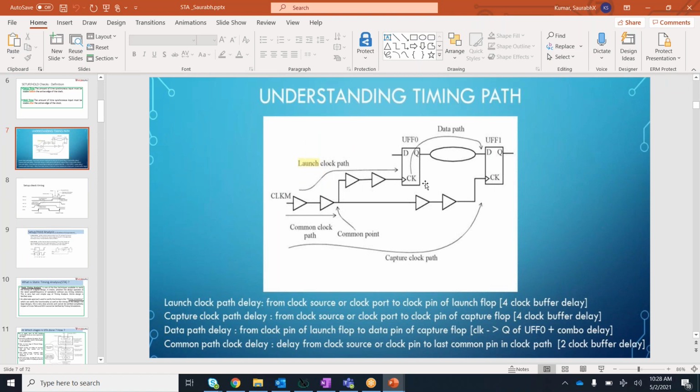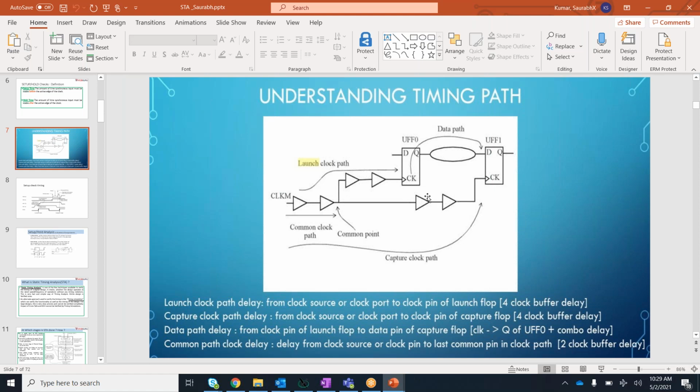Whenever we discuss any concept of static timing analysis, there will be a pair of flops, and all the game will be between a pair of flops. So understanding from here is very important.